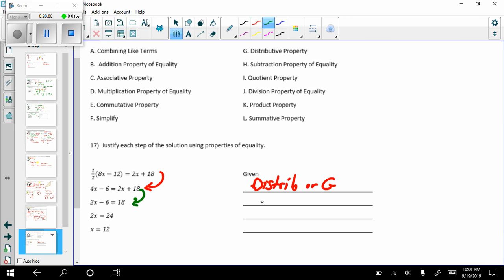So this would have been subtraction property of equality, and that would have been H. The next thing from here to here, what did they do? They added the 6, addition property of equality, and that was a B. And finally, the very last thing from here to here, they divided. So that was division property of equality, and that would have been letter J. There really was no other alternative in this problem. It really had to be that order.